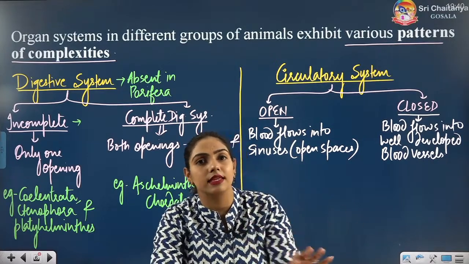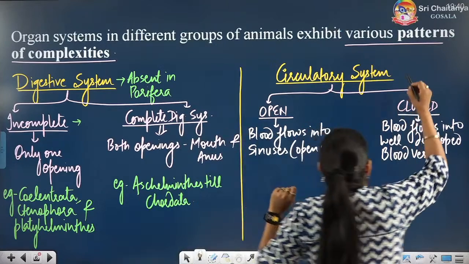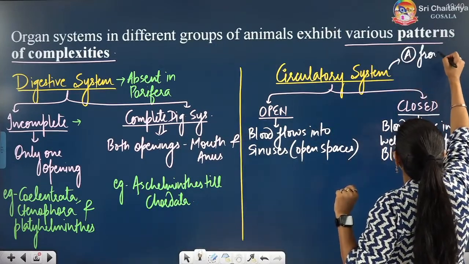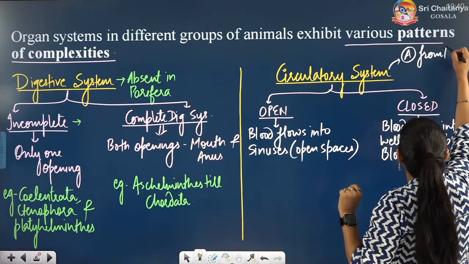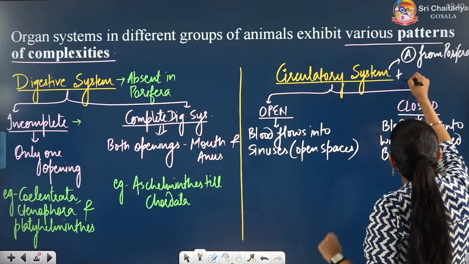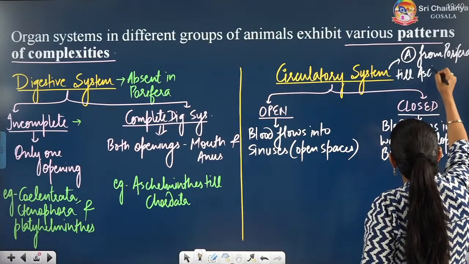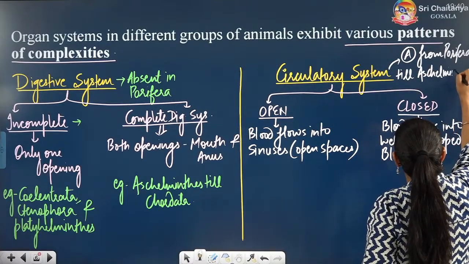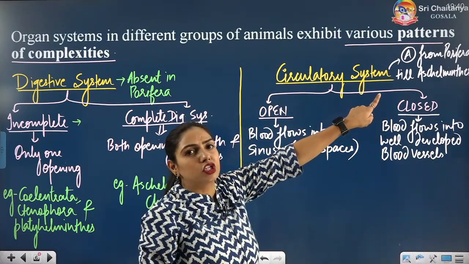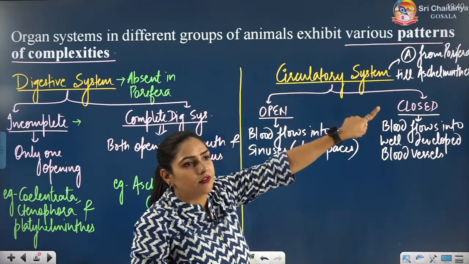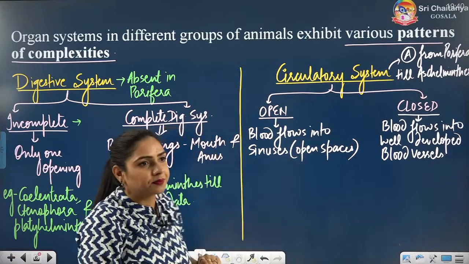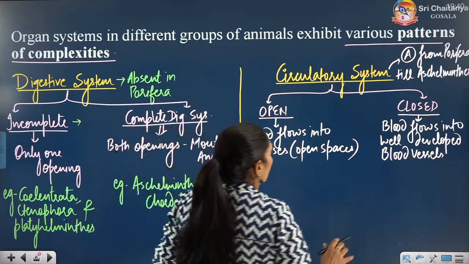Till Aschelminthes the circulatory system is absent, from phylum Porifera till Aschelminthes. So let's talk about the phylum which comes after Aschelminthes. What is the phylum which comes after Aschelminthes, everyone? Please tell me in the comments.